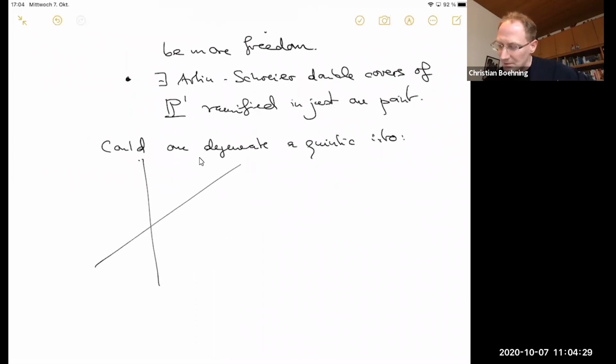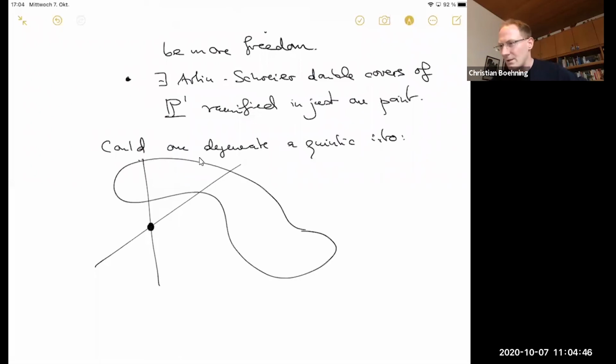you can achieve that on each of them, you get a non-Artin-Schreier double cover, maybe the same one, and both of them are ramified in this intersection point of the two lines. And then apart from that, you get a smooth cubic here, an elliptic curve, and some non-trivial étale double cover on it.